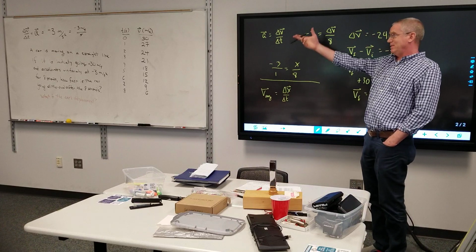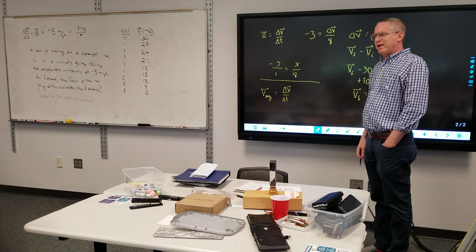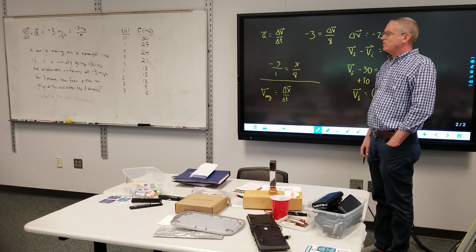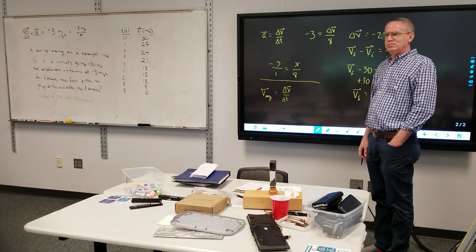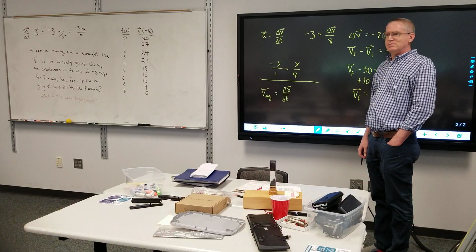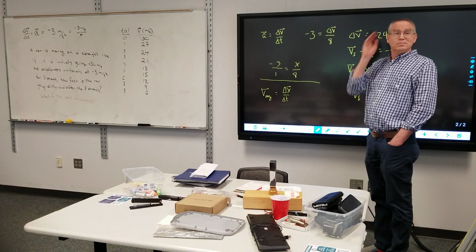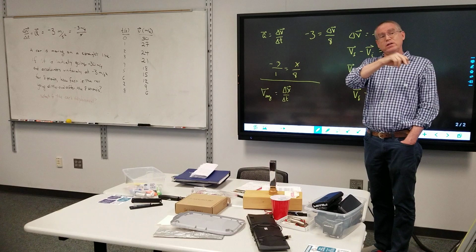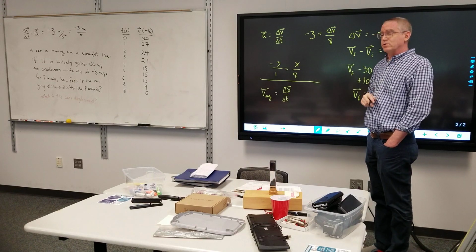Well, I know time, it's 8 seconds. But what is my average velocity? Is it 3 meters per second? The acceleration, the change in velocity, was negative 3 meters per second squared.